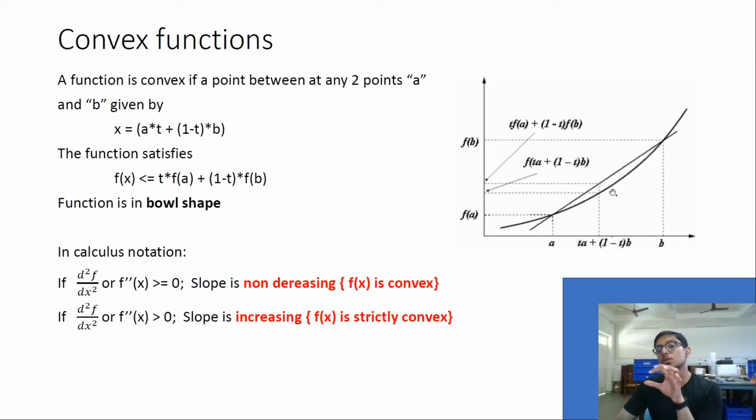Now, if you do the same operation of (f(A) plus f(B))/2, a linear interpolation, then the value you get will be on the straight line. So this is what a convex function is. When you do the linear interpolation between any 2 points, the result is above the function.